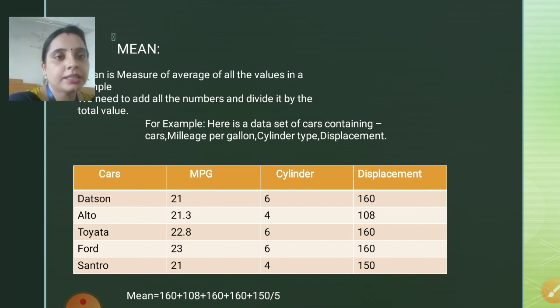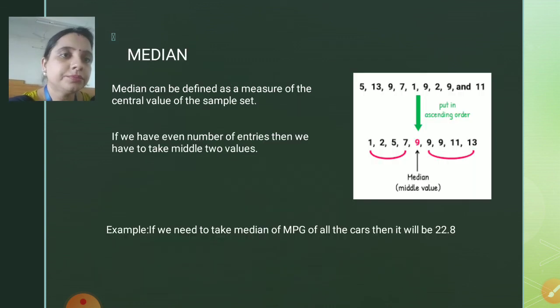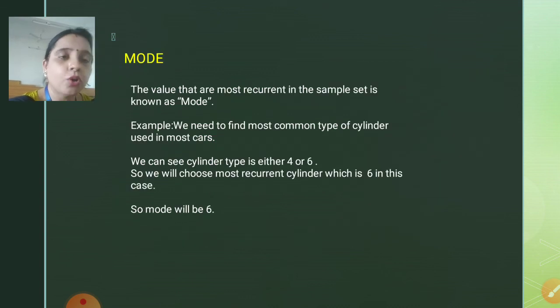The 6 type of cylinder is used 3 times, that is by 3 cars, and the 4 type of cylinder is used by 2 cars, that is Alto and Santro. So which type of cylinder is occurring more? 6 type. So the mode of our data set will be 6, since the occurrence of 6 is more as compared to 4. I hope I am clear with this topic also.